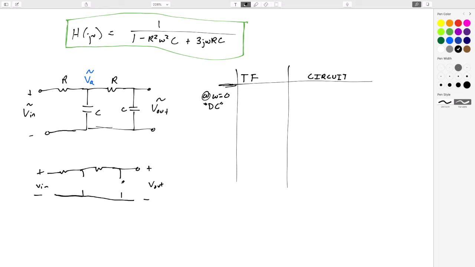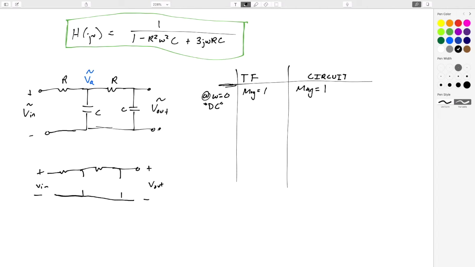And whenever we're analyzing V out, this is an open circuit, so there's no current flowing through, so whatever the voltage is here will be the voltage here. So the circuit tells me the magnitude of the gain should be 1. Don't worry about phase, I guess. That is actually what the equation's telling me too, right? If I plug in omega of 0, I get 1 over 1. Oh, so that's good. All right, so that makes me feel a little bit better.